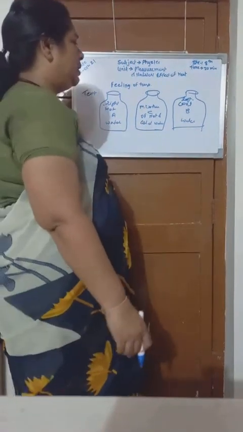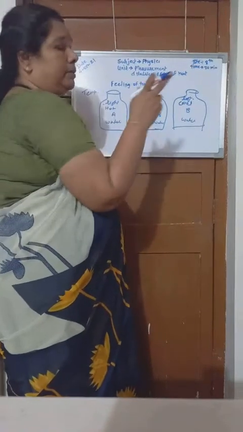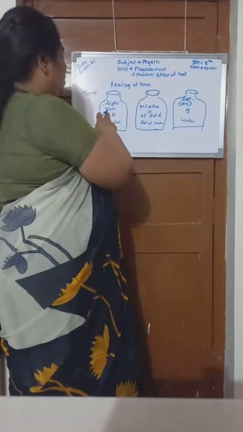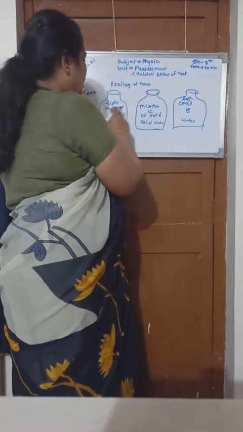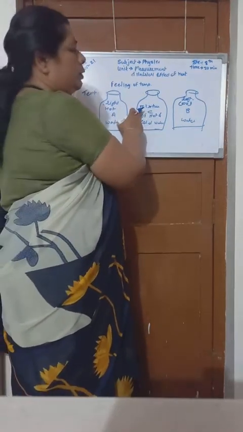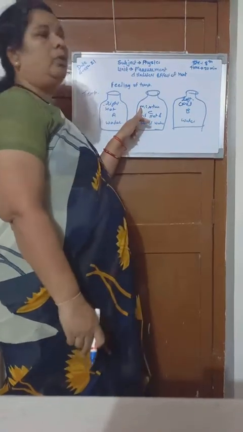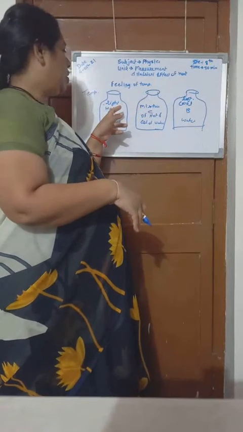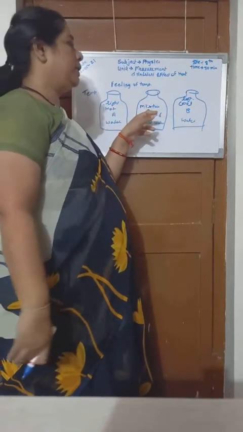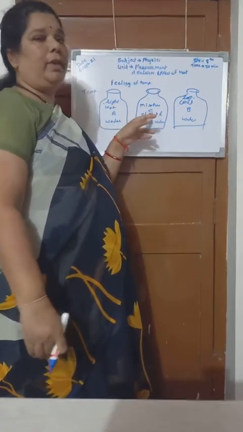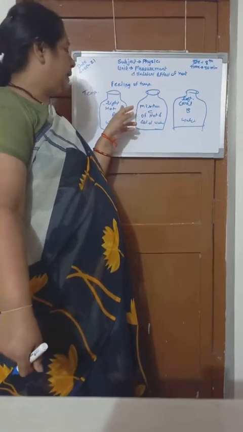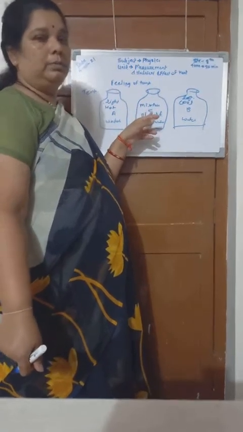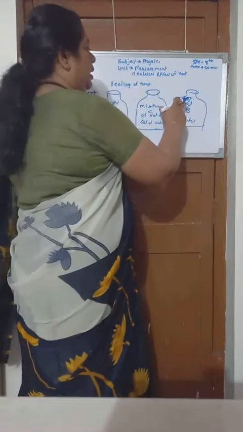Then what do we feel? Initially your right hand is hot, therefore it feels cool here, because the initial temperature of the right hand is hot. Therefore in vessel C the right hand feels cool.